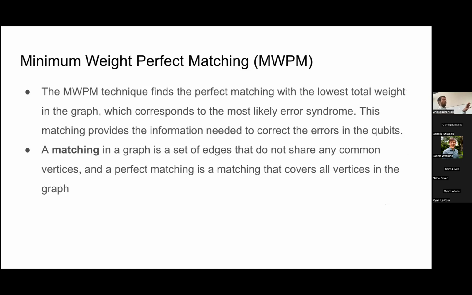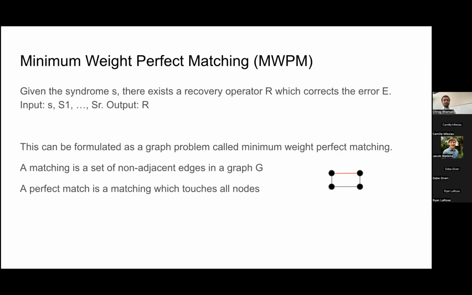I'm going to explain what matching is, what a perfect matching is, and what the minimum weight is. As you can see here, a matching is a set of non-adjacent edges in a graph. Let's take this as an example. A set of non-adjacent edges might be these horizontal ones or these vertical ones here. A perfect matching is a matching which touches all the nodes. Since this only has 4 nodes, the set of horizontal edges would be a perfect matching.